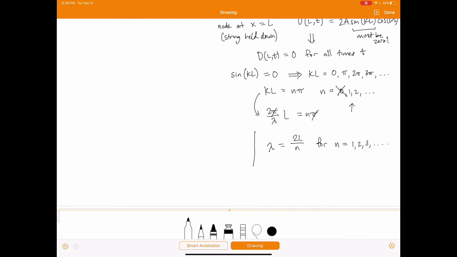In other words, if we have a string that's held down at both ends, only certain wavelengths are possible. Only wavelengths that fit this description of lambda equals 2L divided by n for an integer value of n will work.